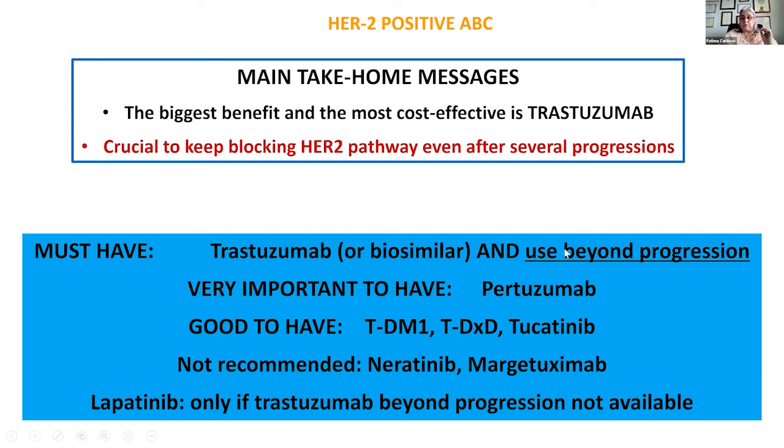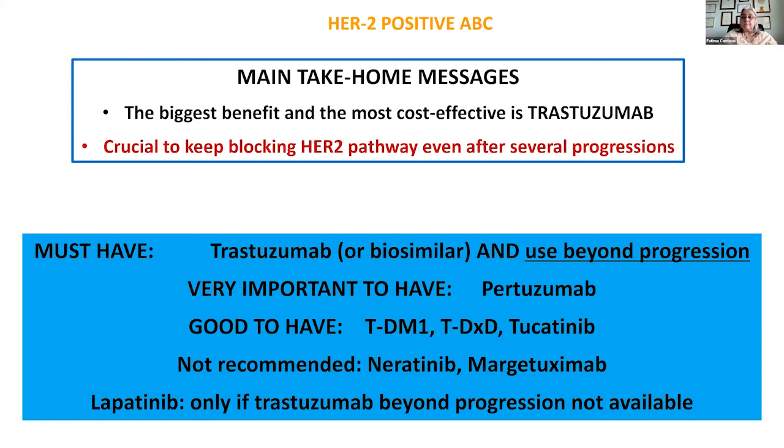So what we consider a must have is trastuzumab or any biosimilar, but trastuzumab is crucial to have. And something else that is crucial, and in some of your countries is not available, is to be able to use trastuzumab after progression. This is a big fight because in many countries, this is not possible to do.